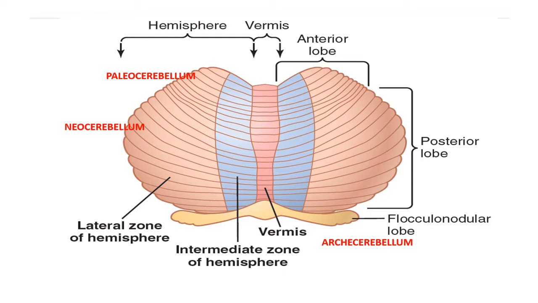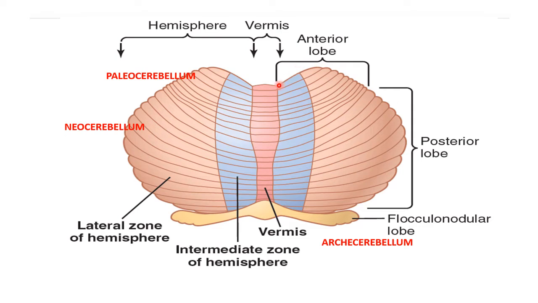Now to revise a little bit of part 1, we must know that it consists of 3 parts. In the center, the middle is the vermis. The lateral part is divided into 2: the intermediate zone of the hemisphere and the lateral zone of the hemisphere.